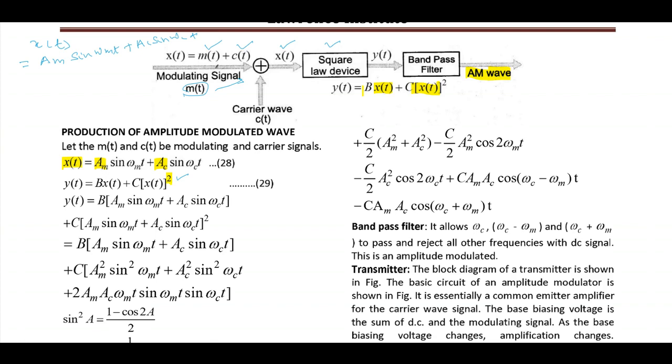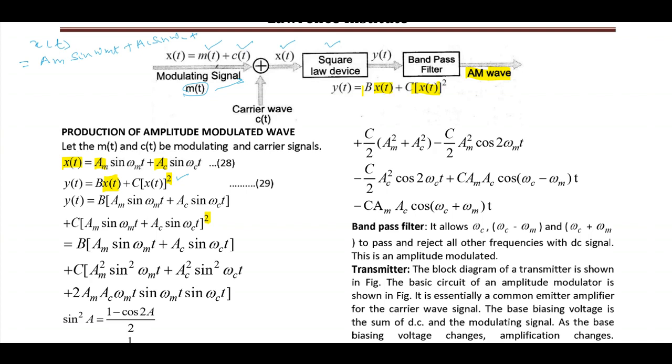We will get y(t) is equal to b times (Am sin omega m t plus Ac sin omega c t), plus c into (Am sin omega m t plus Ac sin omega c t) whole square. So we have dealt with this part.